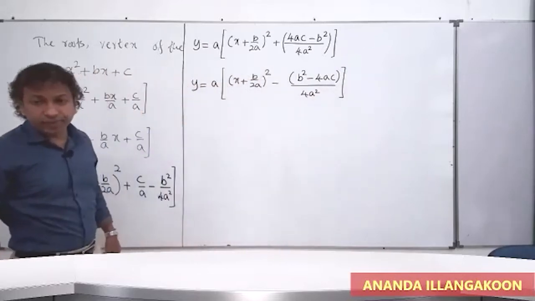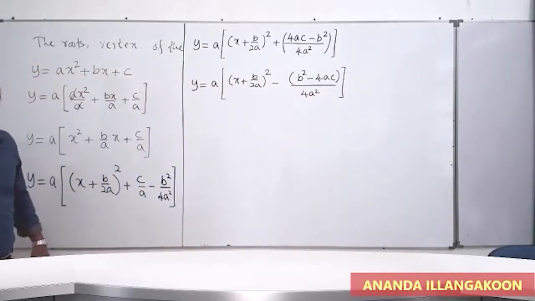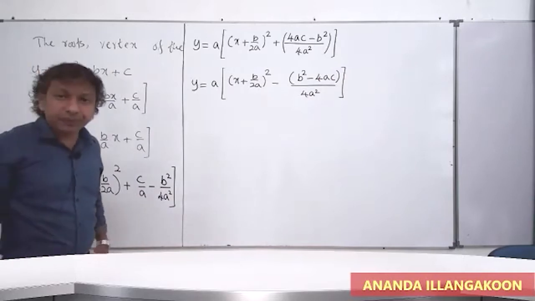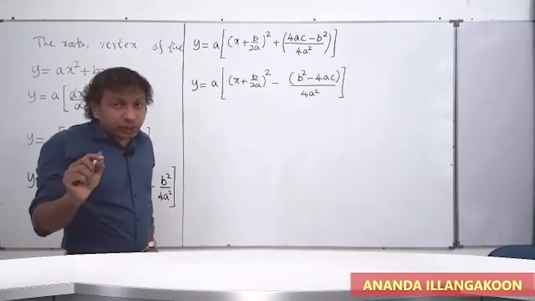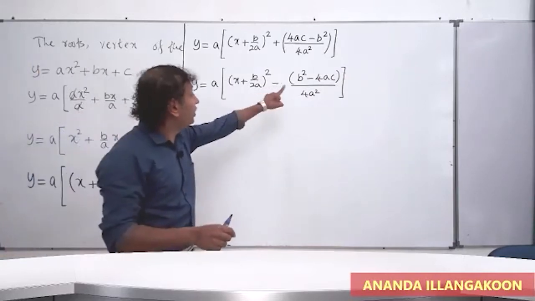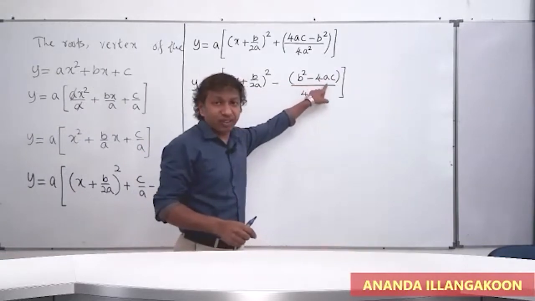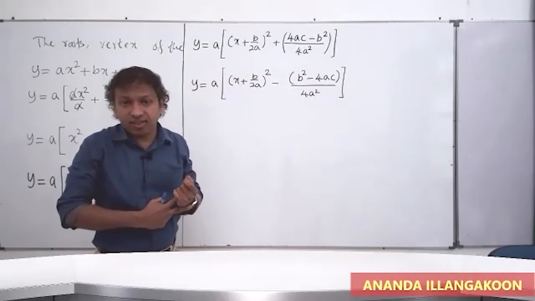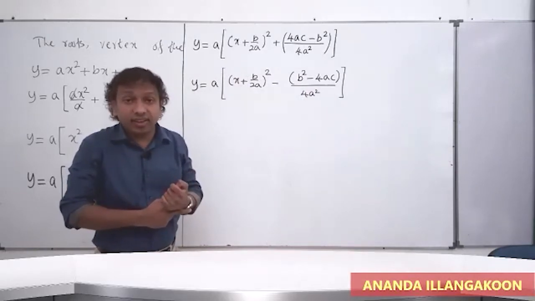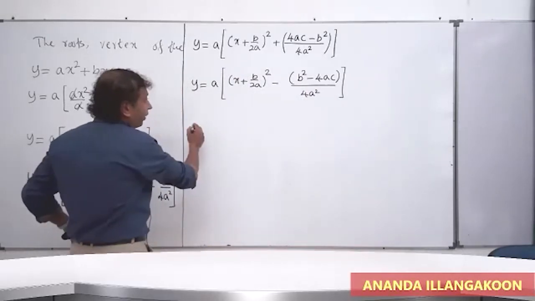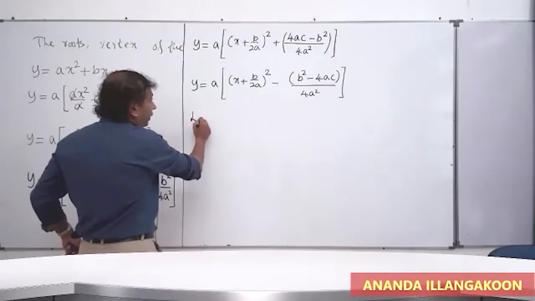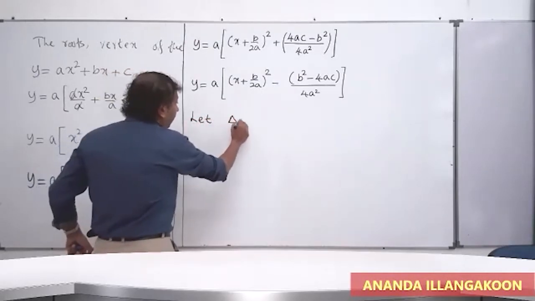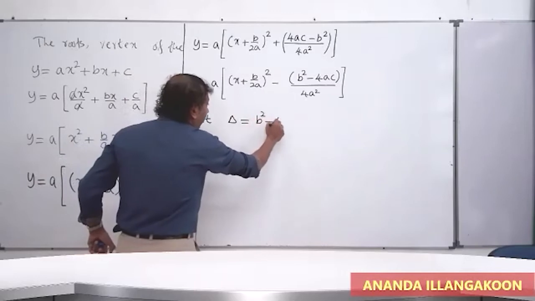Now we introduce another new symbol for this b squared minus 4ac. That is the Greek letter delta. I introduced that there. Let delta equal b squared minus 4ac.